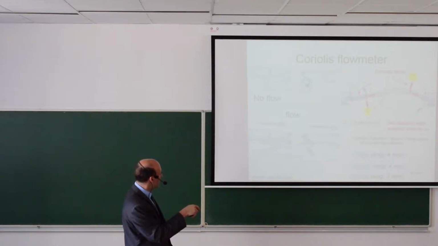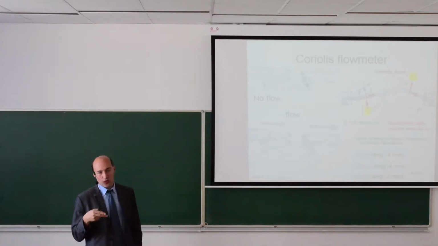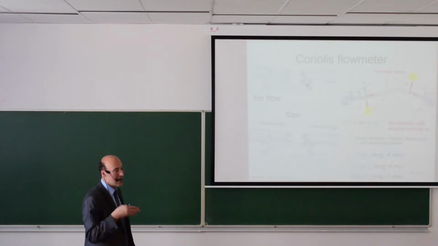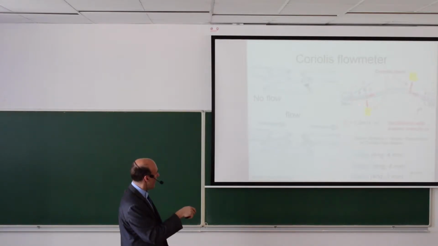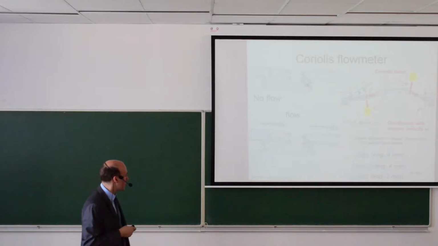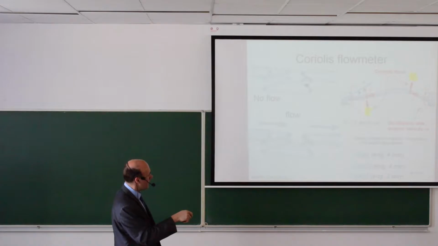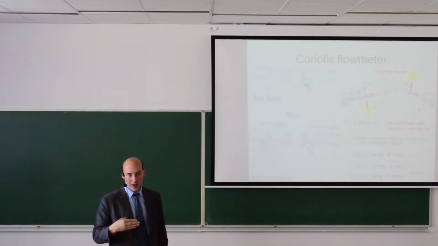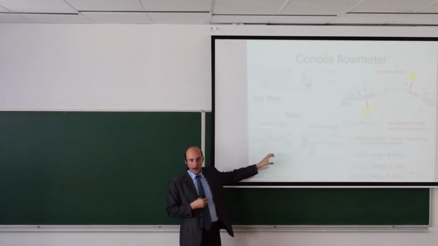At this moment, you will have a Coriolis force that will act in this direction, and this Coriolis force will be proportional to the speed of flow and to the angular velocity. On this end and on this end, the angular velocity, omega, is going in opposite directions. So you will have a Coriolis force here going downwards and a Coriolis force here going upwards. This will cause a twisting of the tube.